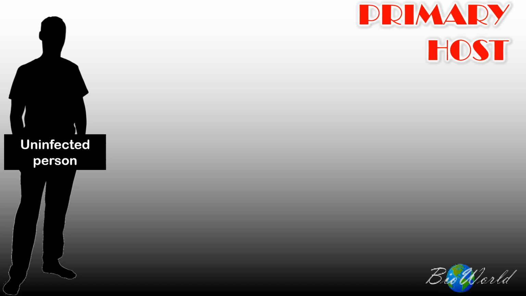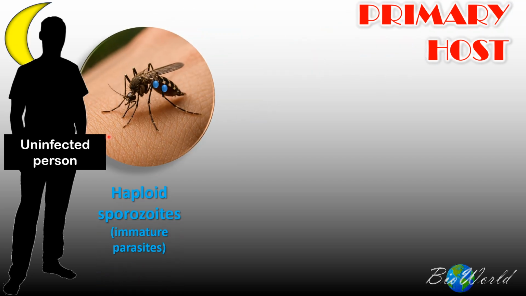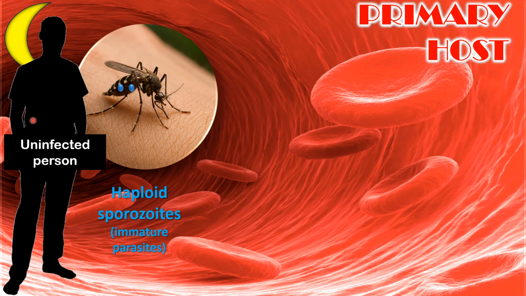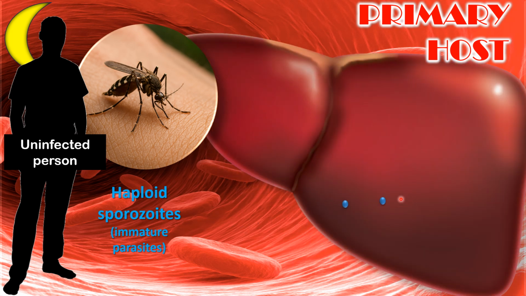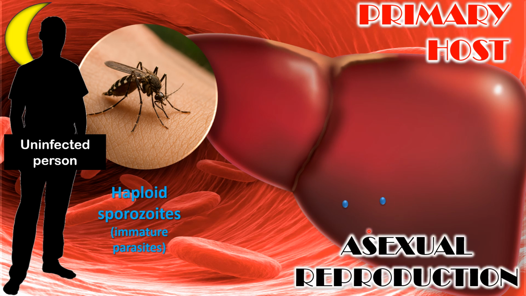Once the Anopheles mosquito has the sporozoites, they are considered infected. So now, when they come and bite an uninfected person, the haploid sporozoites will travel into the blood of that person. These haploid sporozoites then will travel to the liver, where asexual reproduction occurs. The sporozoites will divide by mitosis to form a bunch of cells called schizonts.